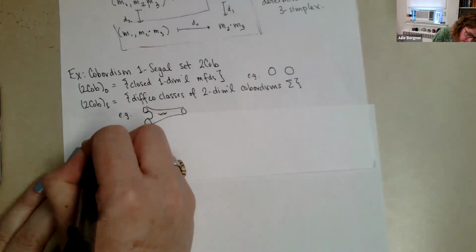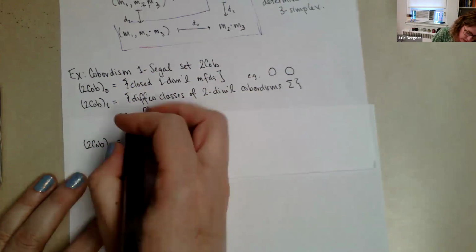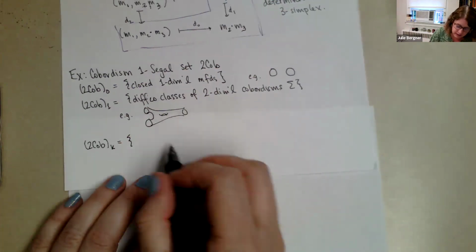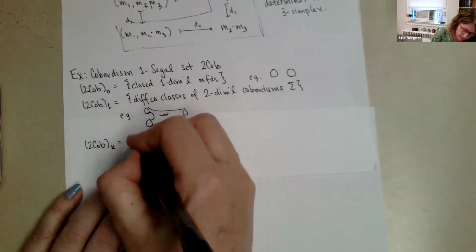And then when I go to higher simplices, I just have decompositions of these.